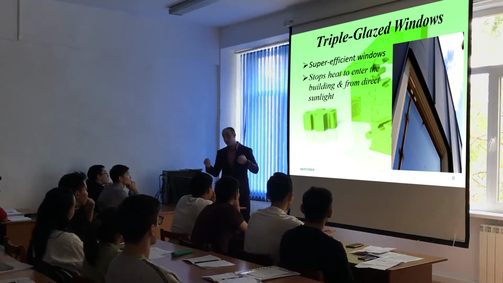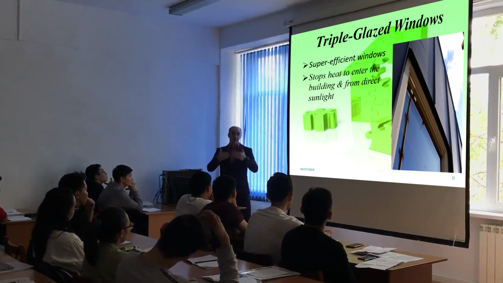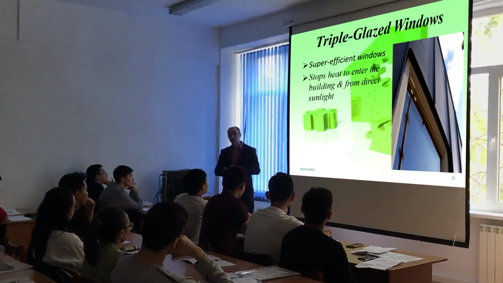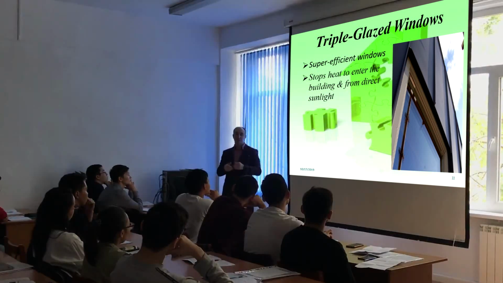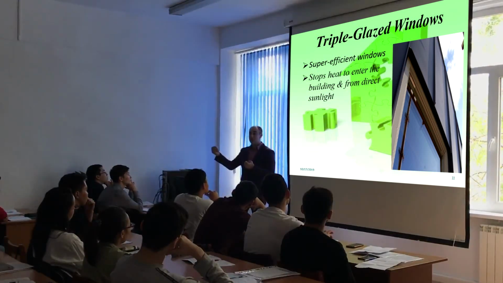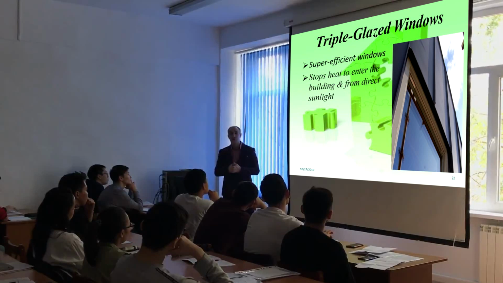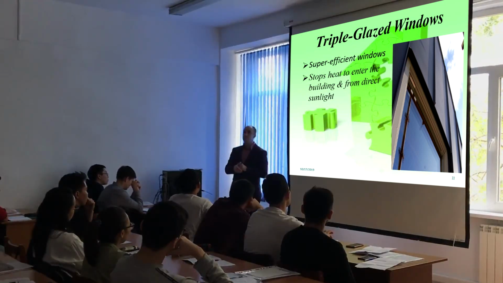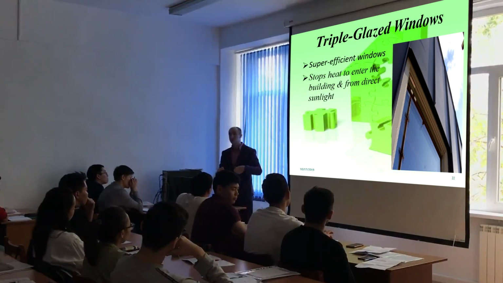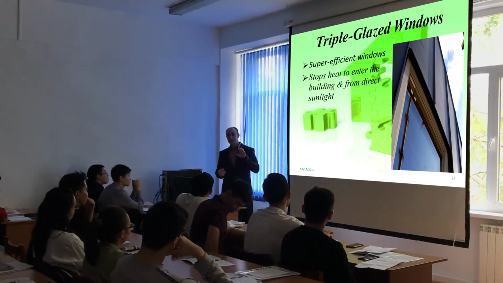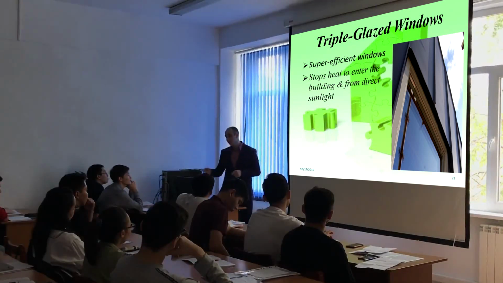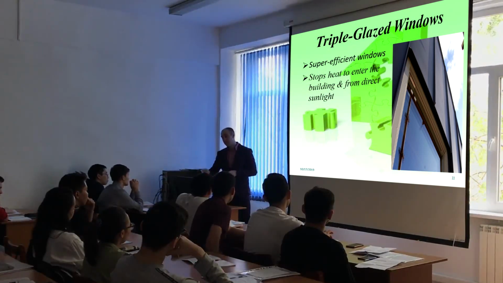And of course, if there is shading covering the outside part, it will not let the heat in during the summertime, and there will be no sunshine coming through this window in the winter. So you will spend fewer resources on cooling in the summertime if you use something like this.